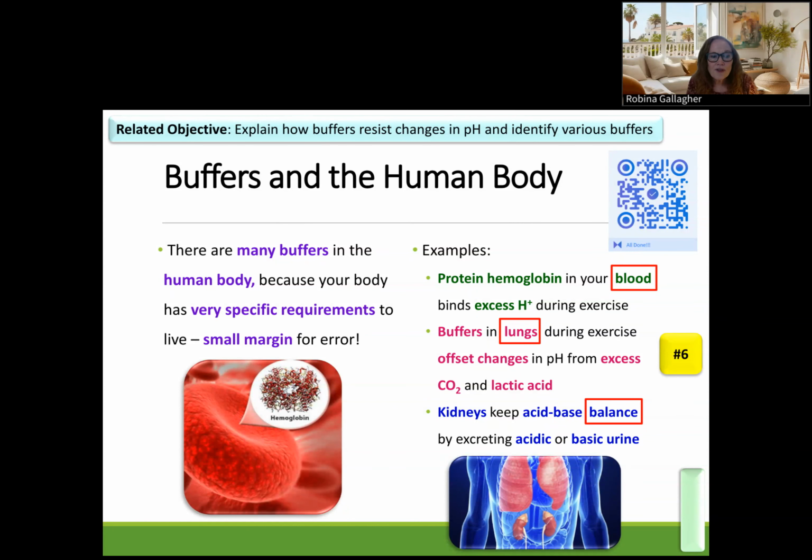And then, of course, our urine is slightly acidic, but our kidneys need to be able to balance that and get rid of the acidic or the basic urine, right? So very, very small margins of error in your body, and that's why we've got so many buffers in our body.